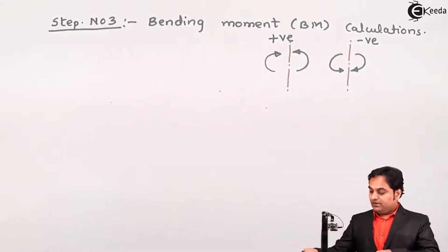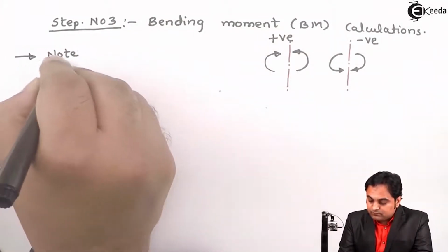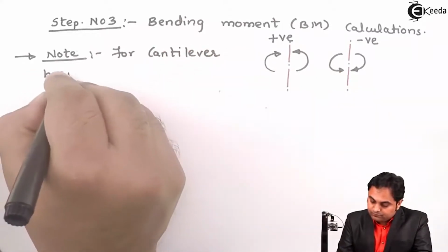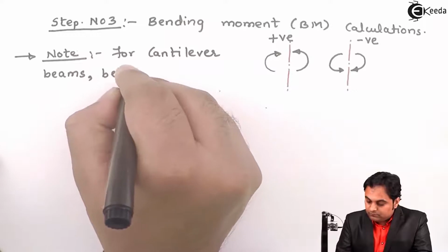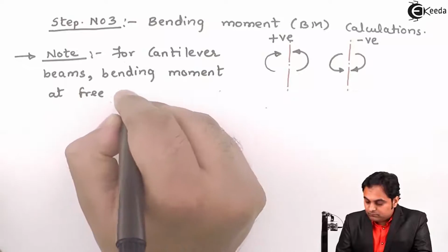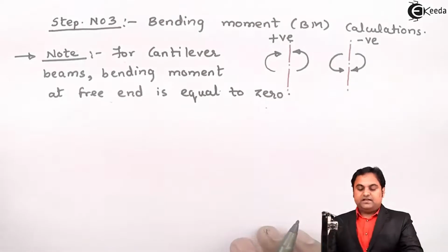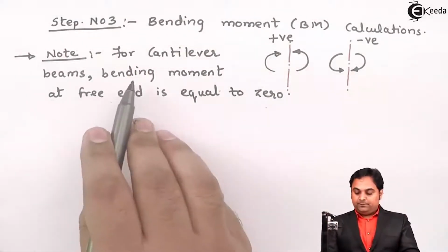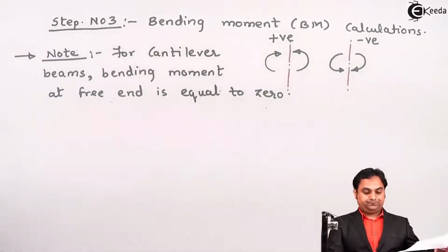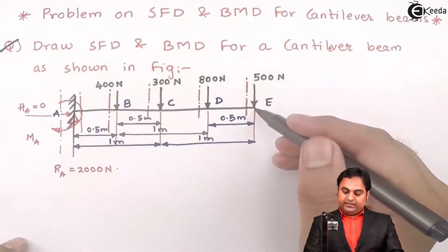And here I'll write another note. So here as I have written, for cantilever beams, bending moment at free end is equal to 0 because when the load will be acting at the free end, this point E will bend.